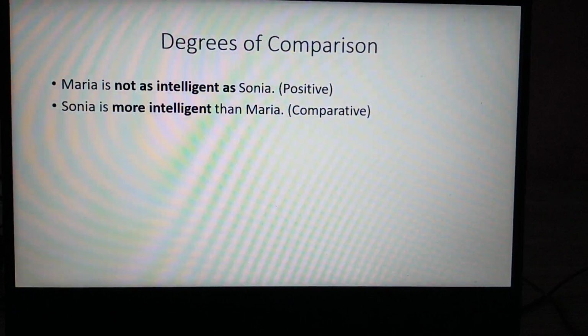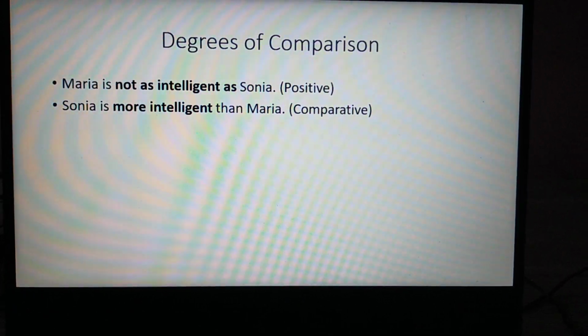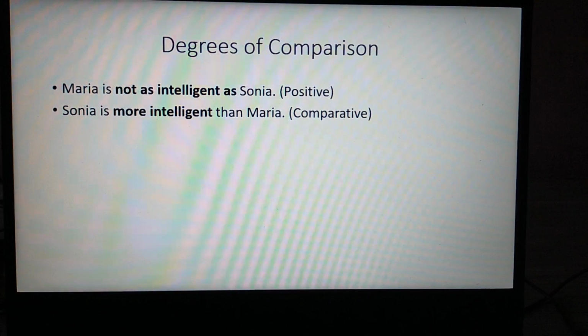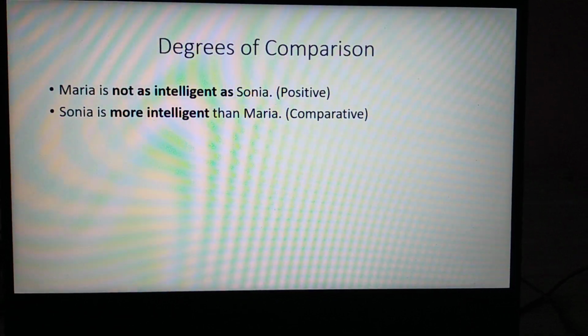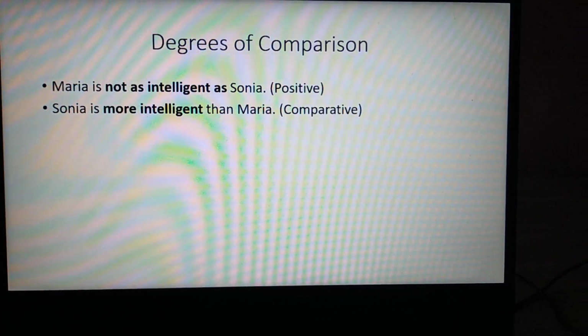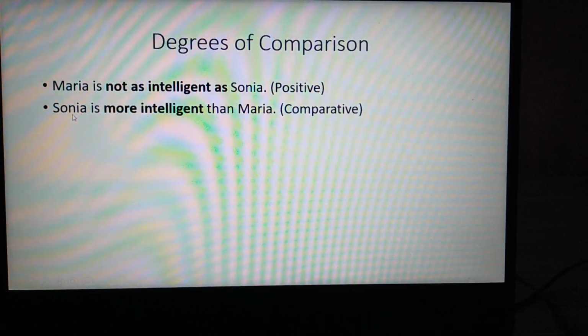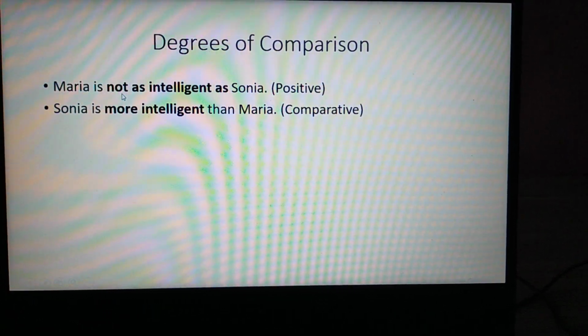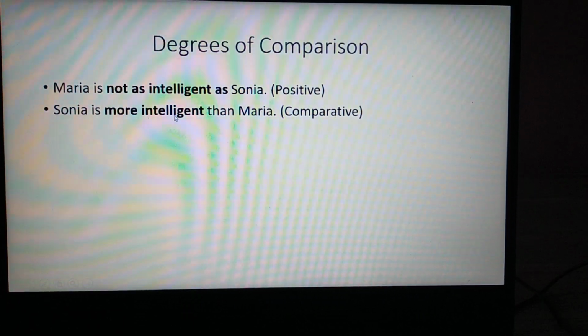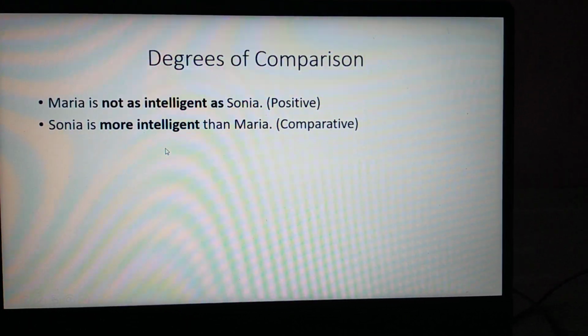You can see we have done the transformation without changing the meaning, without changing the tense. The subjects have been changed, "not" has been removed, "intelligent" has become "more intelligent".